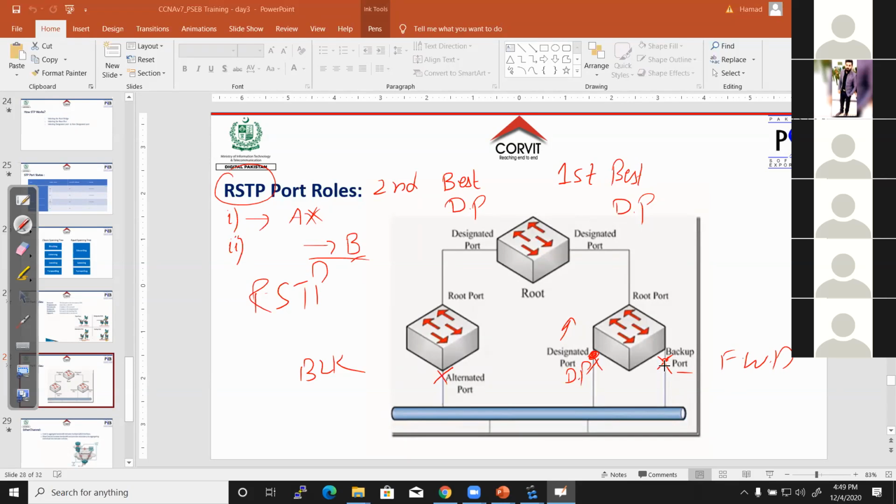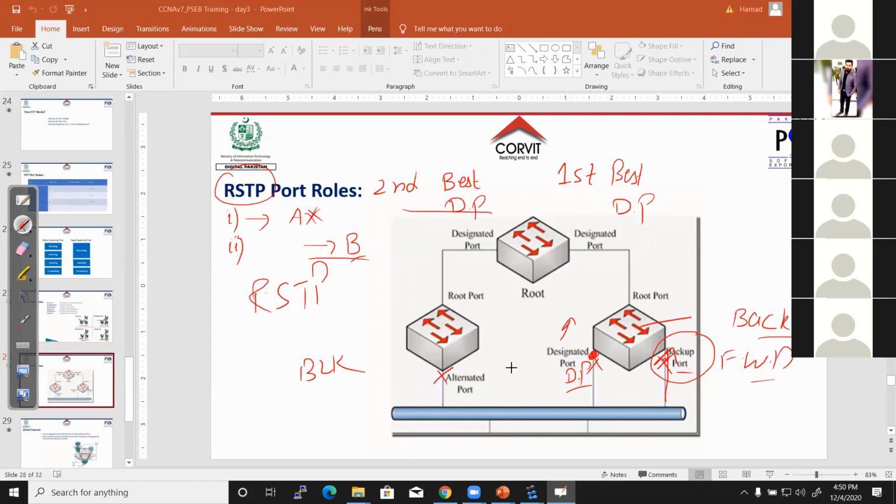And if the second best DP resides in the same switch where the first best DP is, then we call it a backup port. What I'm saying is, if both DPs, the first best DP and the second best DP, belong to the same switch, then we call the second best DP a backup port.